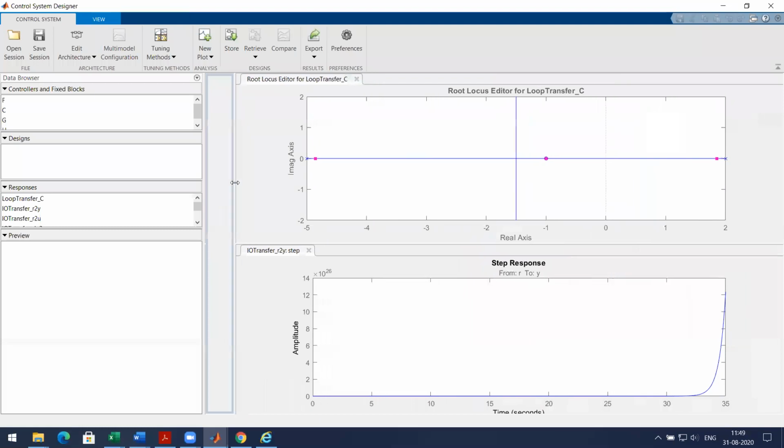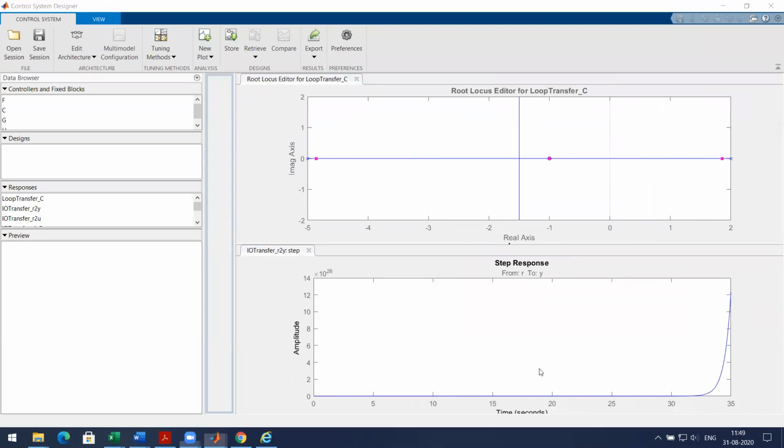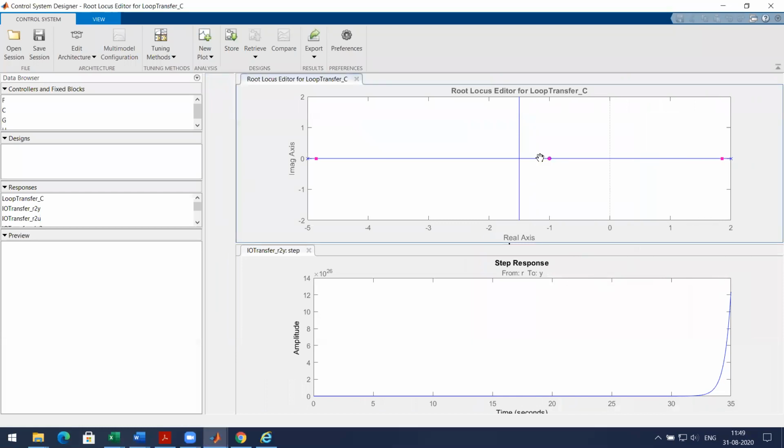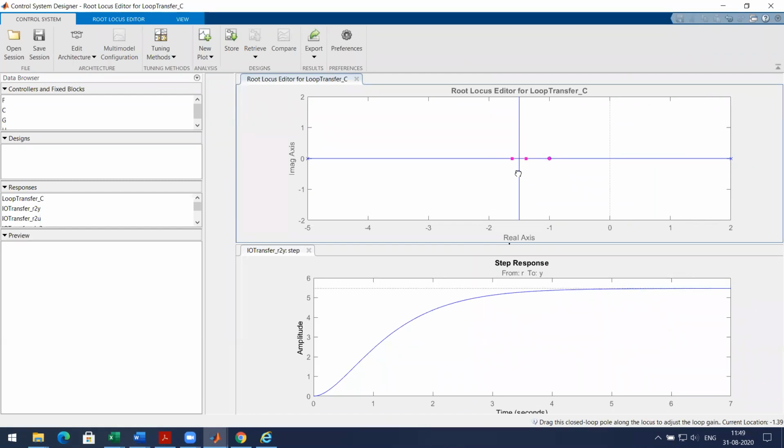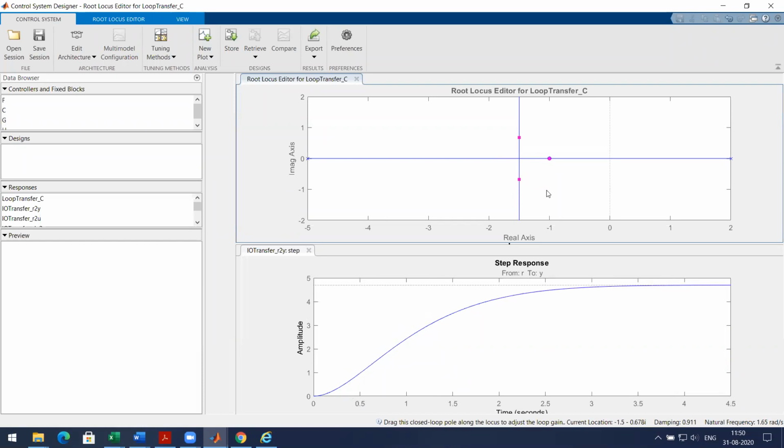So this is the situation. If I move these poles, is the system stable now? Yes, sir. So what did we do?